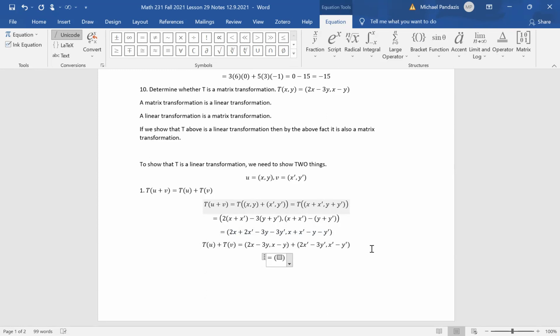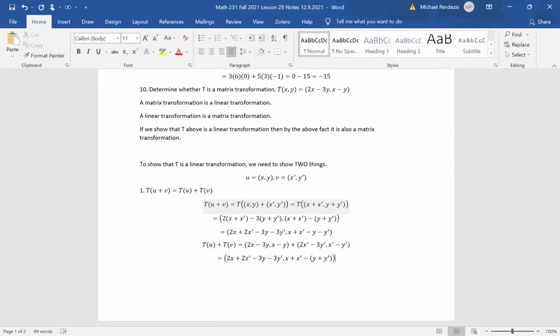So you have 2x plus 2x prime minus 3y minus 3y prime, comma, the second term is x plus, I'm going to move the terms around, x plus x prime minus, in parentheses, y plus y prime. Okay, so you can write it like that because you have a minus y here and you're adding a minus y prime here. So that's the negative of y plus y prime. So now I've expressed T of u plus T of v in this way.